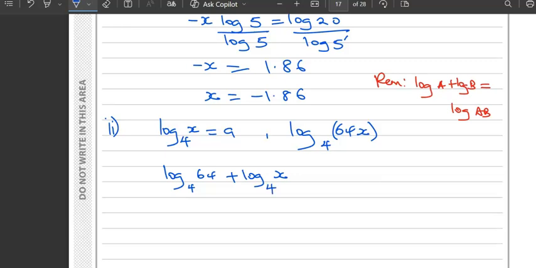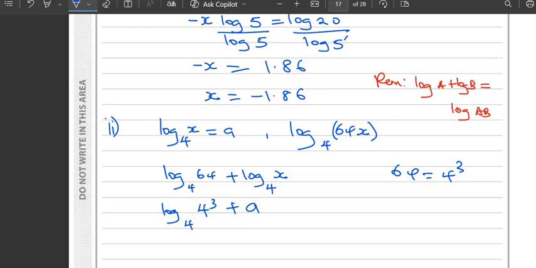But on the same note, the number 64 can be written as 4 raised to power 3. So when we substitute that, we'll have log of 4 power 3 to base 4 plus log of x to base 4, which is already a, so plus a.